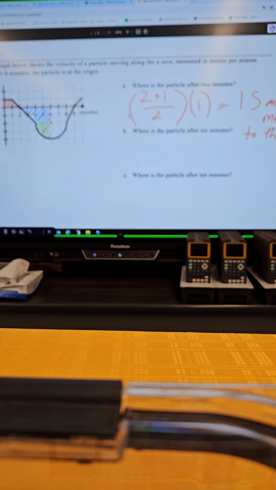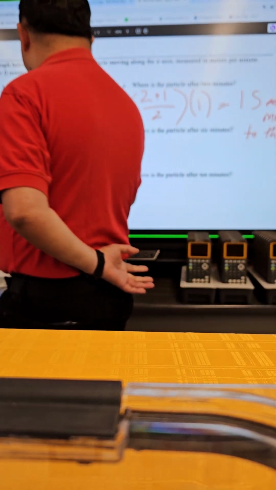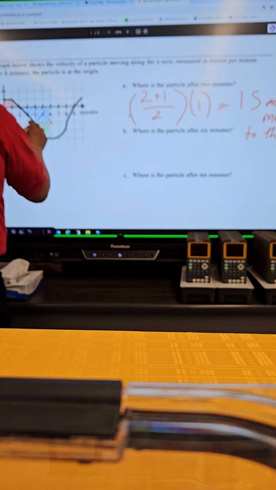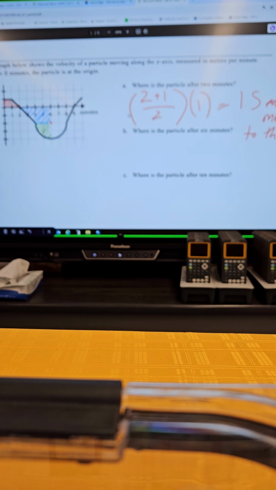So that means 4 plus 2 is 6, divided by 2 is 3, times the height, 2. What's the area now? 6. The blue is 6.